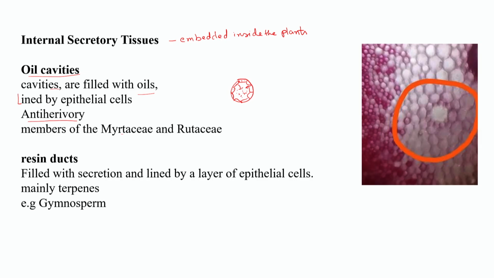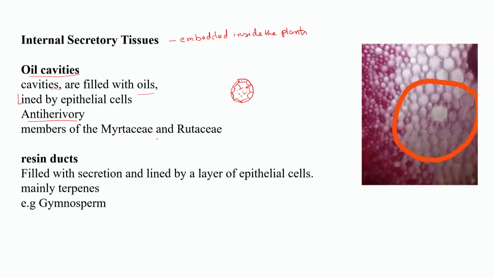So a lot of various chemical compositions can be there in these oils, and you would have smelled the leaf of a lemon tree or a Myrtaceae eucalyptus leaf and observed a special type of smell from these leaves. It is because of the presence of oils in these leaves, and they are commonly found in the Myrtaceae and Rutaceae families.